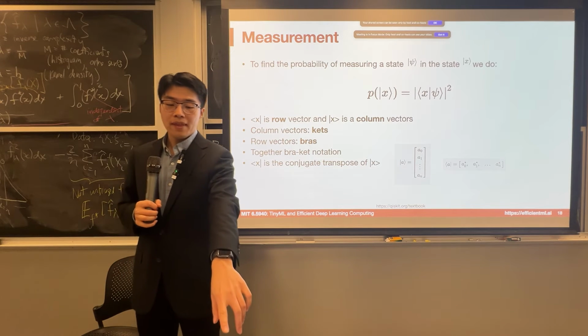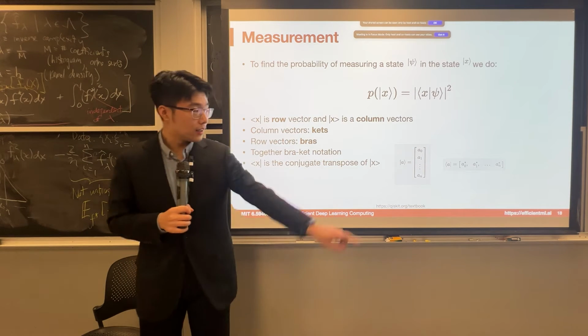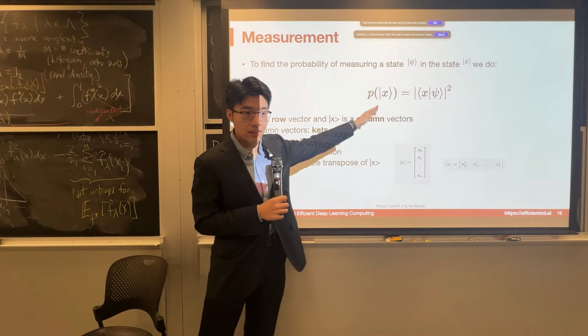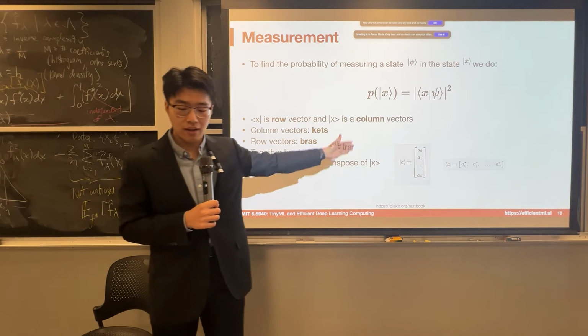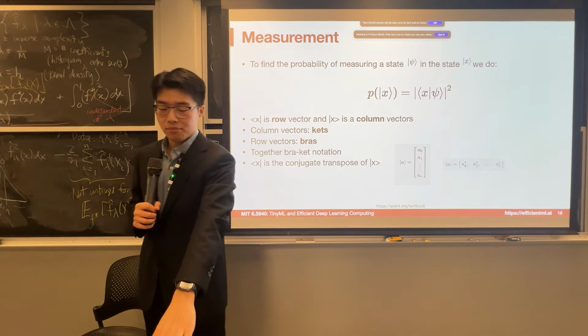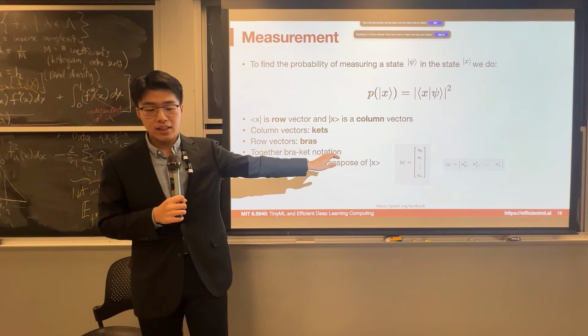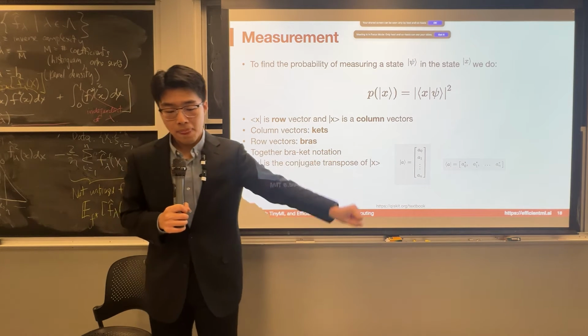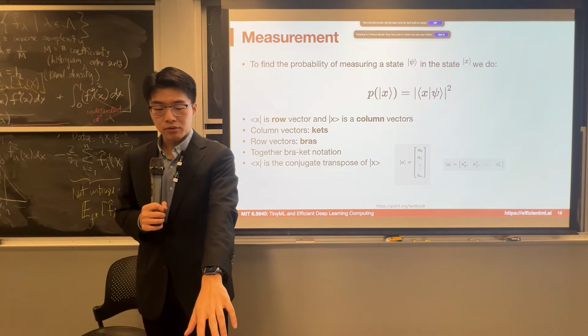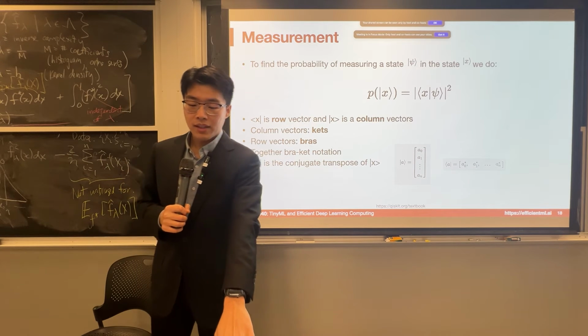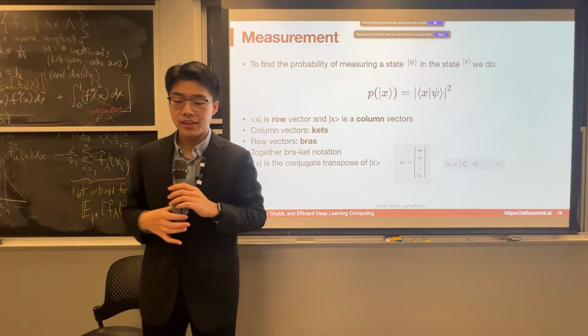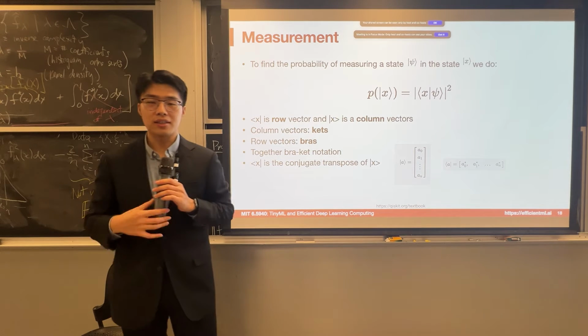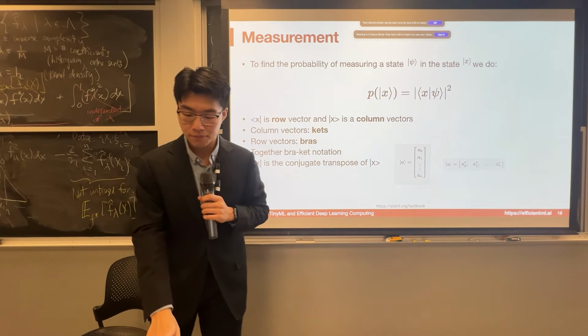So we can represent the column vector as the ket state, and we also have the bra as the row vector, right? Together we have this bracket notation, and we do this computation to obtain the probability that we measure the system as 1 or 0.